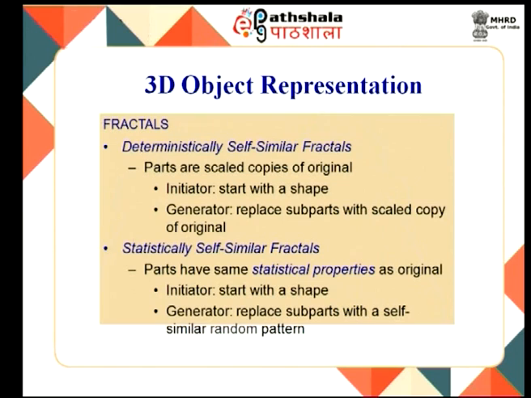Fractals are basically a copy of themselves, so the smaller parts look exactly similar to a bigger part. If you take the smallest part of an object, its shape is exactly the same as the biggest part. That means they are called self-similar fractals.